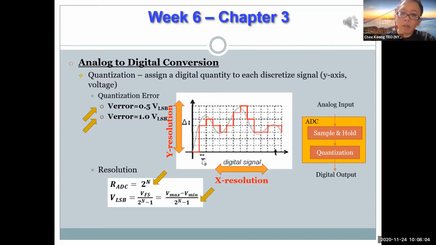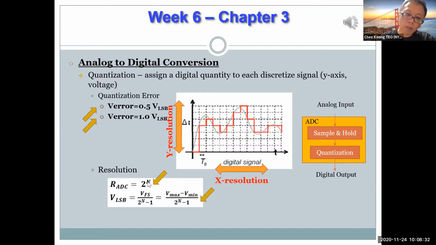Then we said that if we increase the sampling frequency, you have more and more samples on the x-axis, so it determines the x resolution. With more and more sample points, your x resolution will increase, right? Then the y resolution is controlled by the number of bits. If you have more bits, then you have more levels, and more levels means your steps become smaller and smaller, and therefore the y resolution will increase.